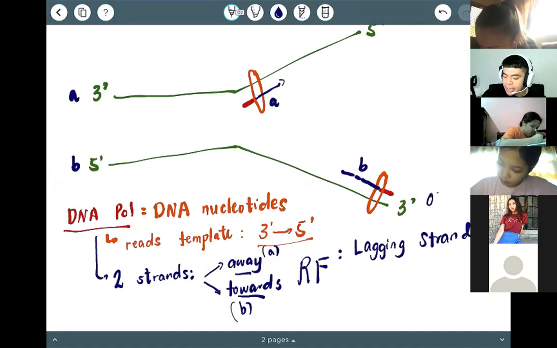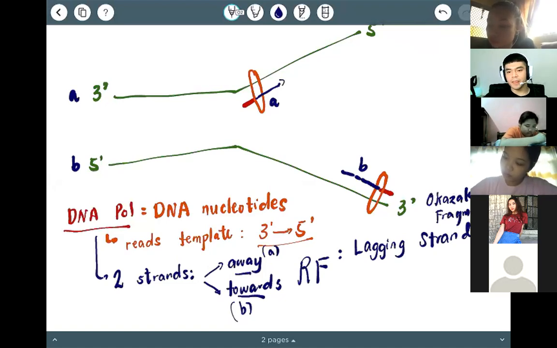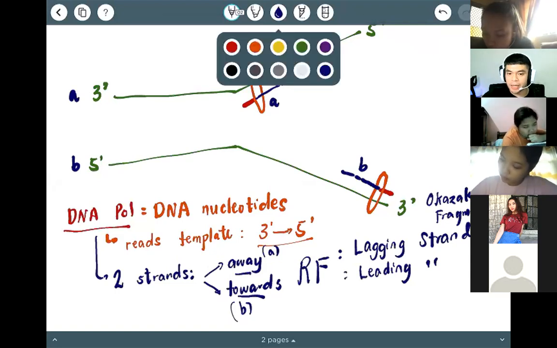Ang lagging strand ay tinatawag ding Okazaki fragments. And then, kapag naman towards, it means leading strand. I repeat, kapag away, it's lagging or Okazaki fragment. Kapag naman towards, it's the leading strand.